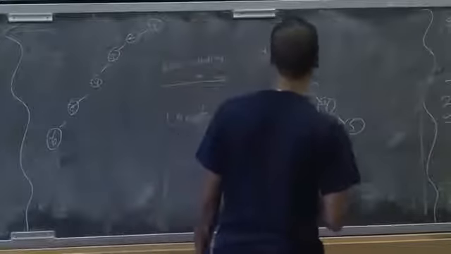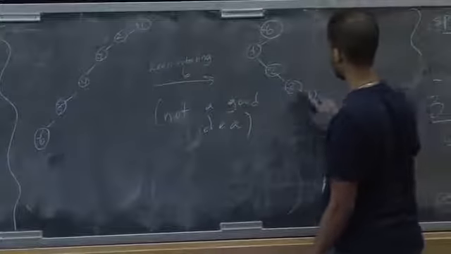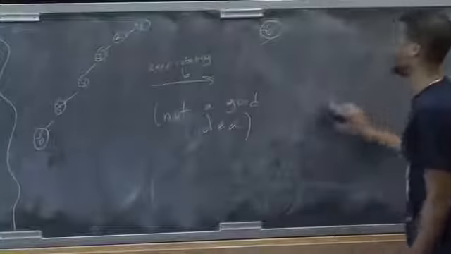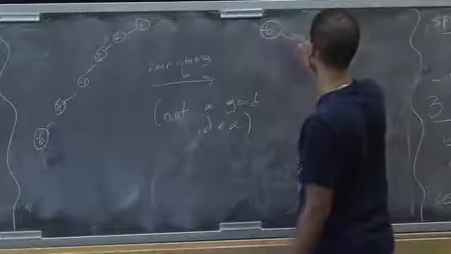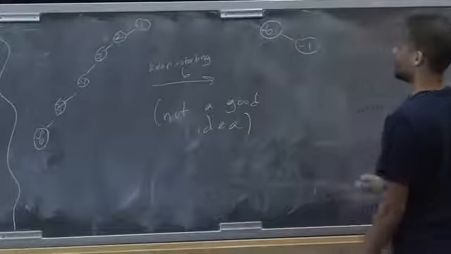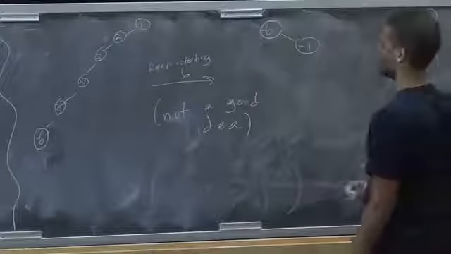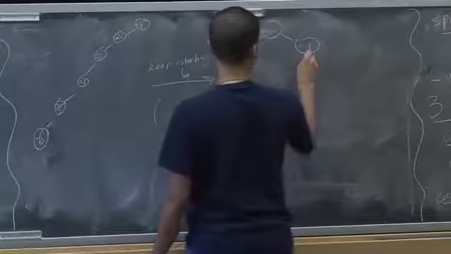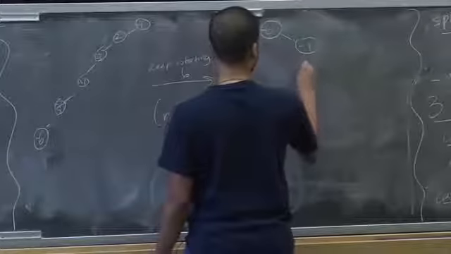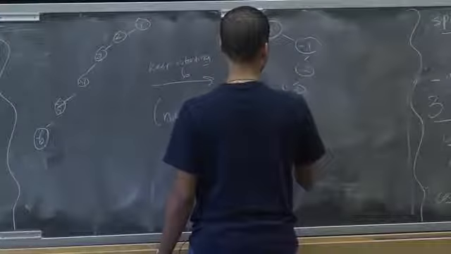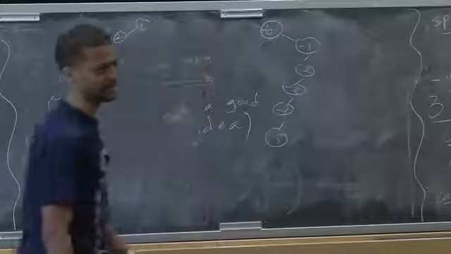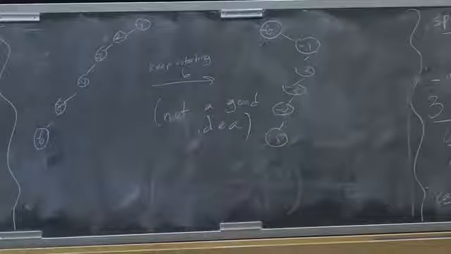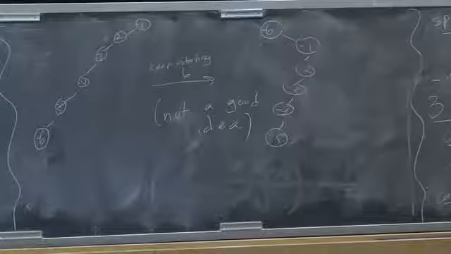So minus 1 should be off to the right. And then now minus 2, minus 3, minus 4, minus 5. Good.